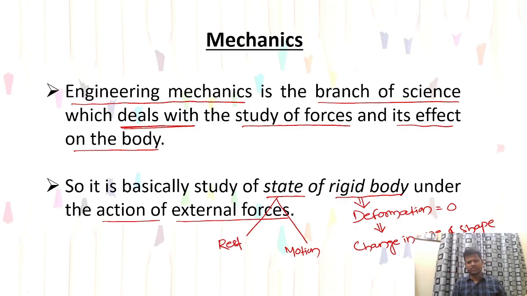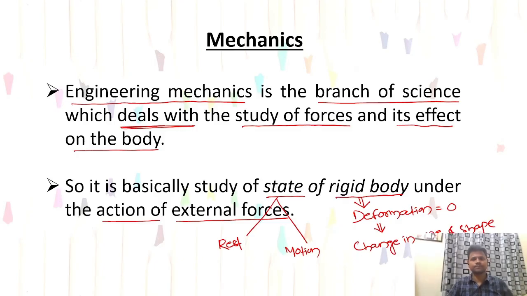There are collinear forces, coplanar forces. We'll study about that. But we have to apply some forces to a body. What body? Rigid body. Then the body will show some effect. Then we will study about that effect of the body. This is purely mechanics. I hope everything is clear.